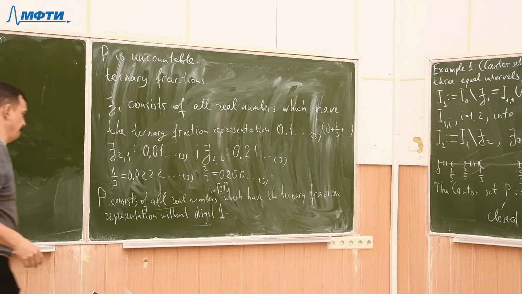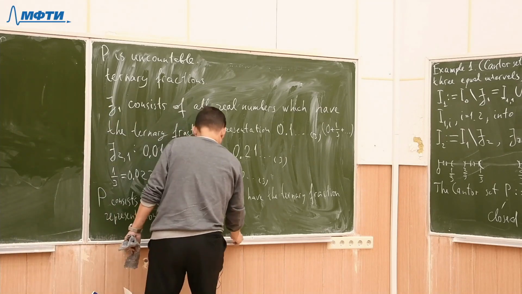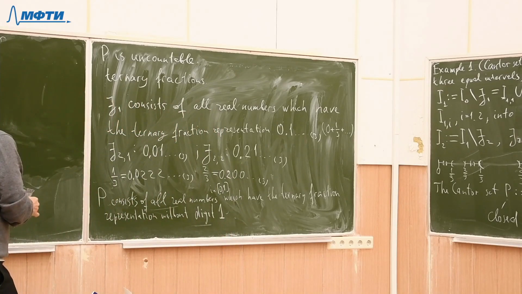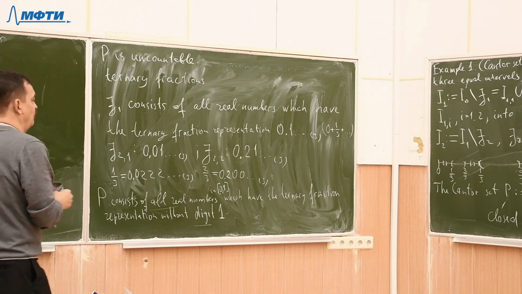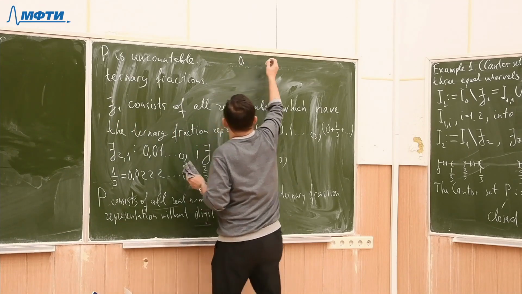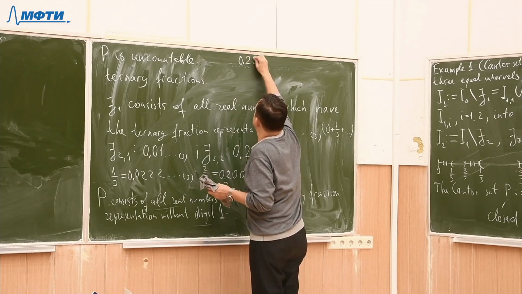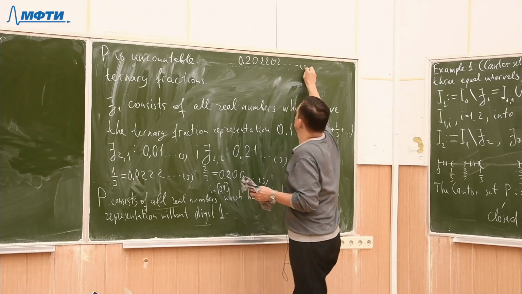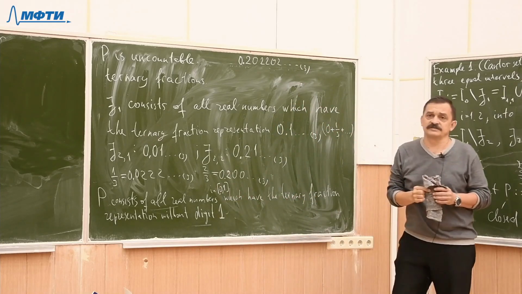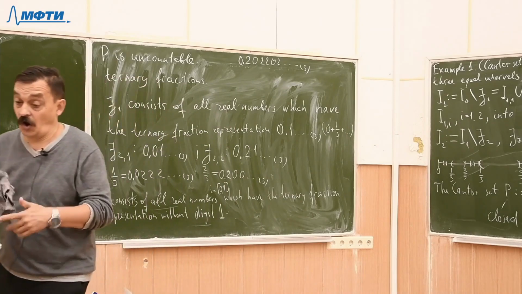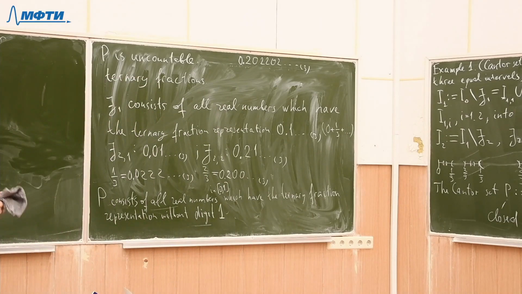So look, P consists of ternary fractions of the following form, something like 2, 0, 2, 2, 0, 2, and so on, right? These are ternary fractions which form together the whole Cantor set, right?